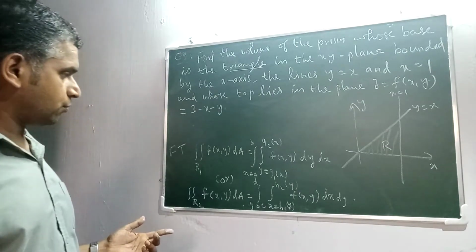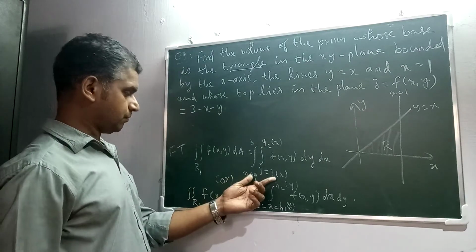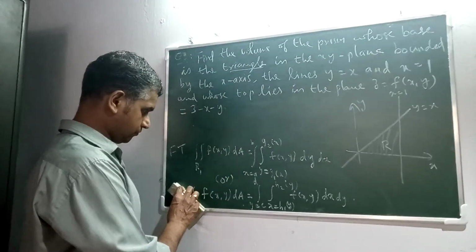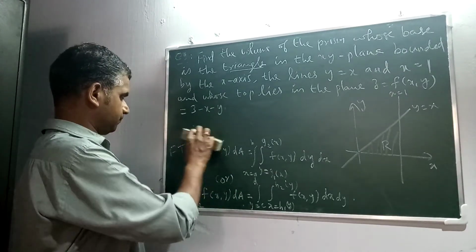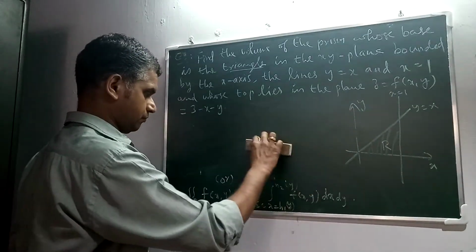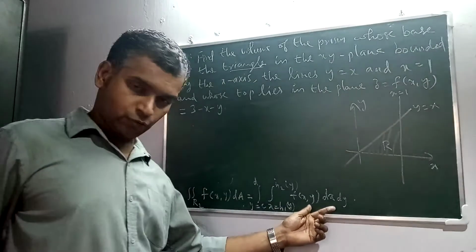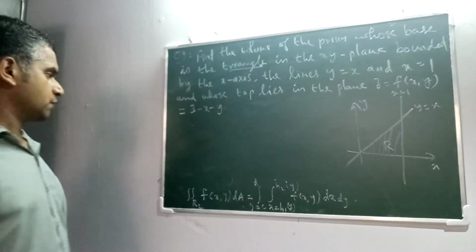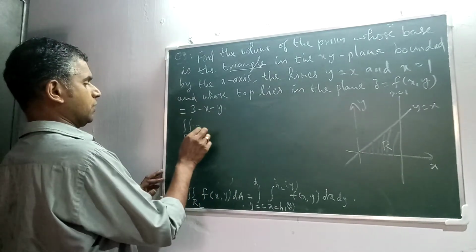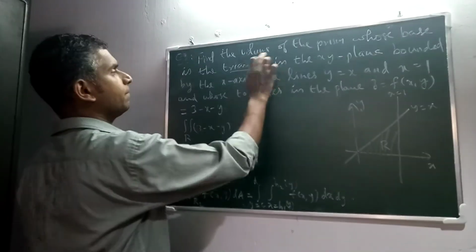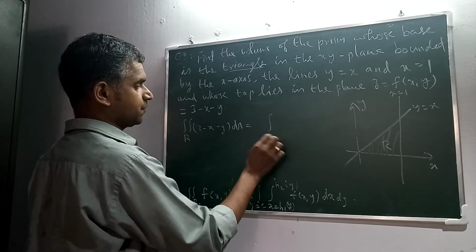So using Fubini's theorem, how do I do? So let us use this form. I will erase this form. So this is the Fubini's theorem I am going to use. So double integral over R of 3 minus x minus y, that is the volume, dA equal to, by Fubini's theorem, first integrate with respect to x.